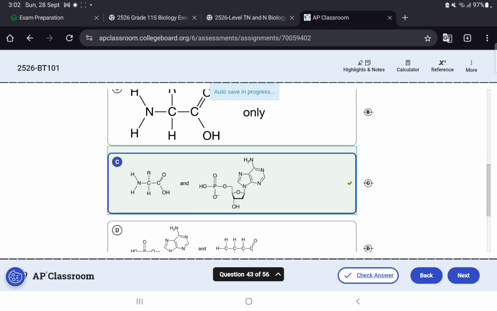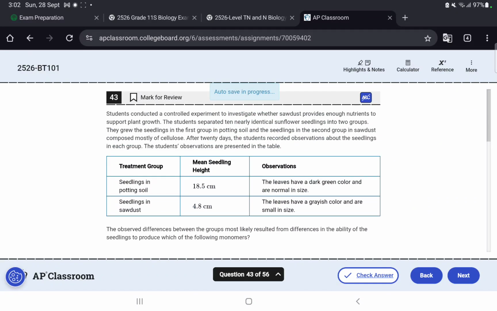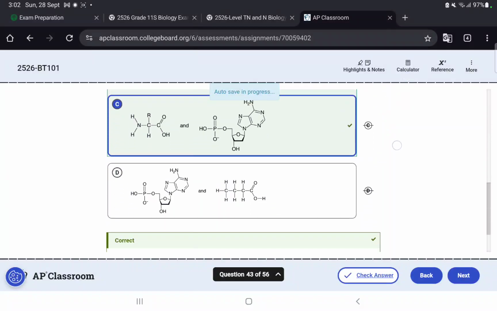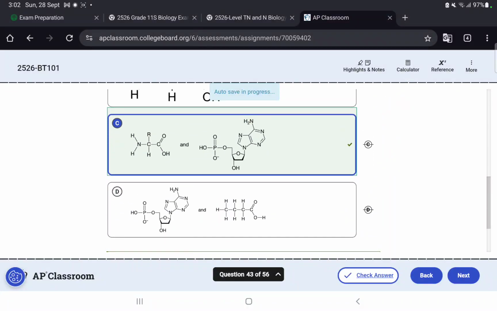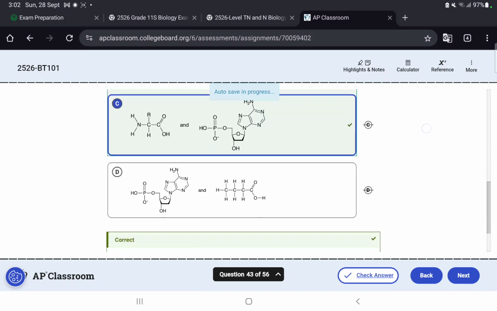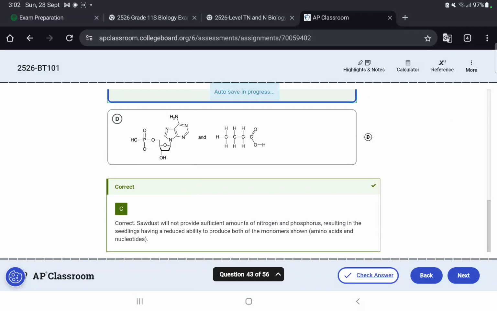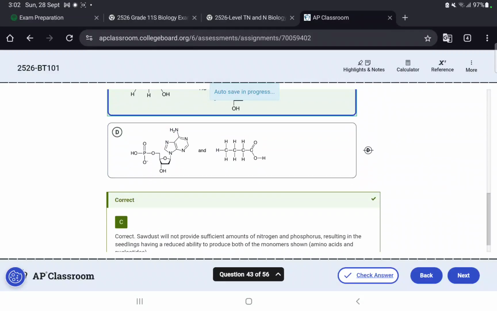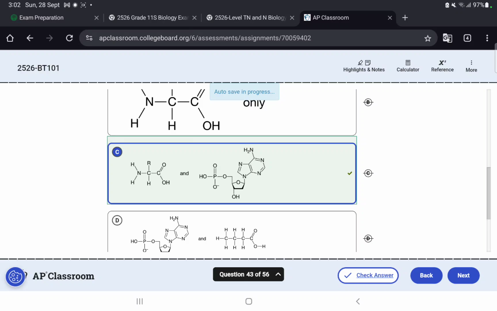You'll know that it's amino acids and nucleotides because of the growth and because of the dark green color. So just keep that in mind. When you see growth, it's most probably proteins and nucleic acids. And phospholipids sometimes as well, but they didn't give you an option for phospholipids here.